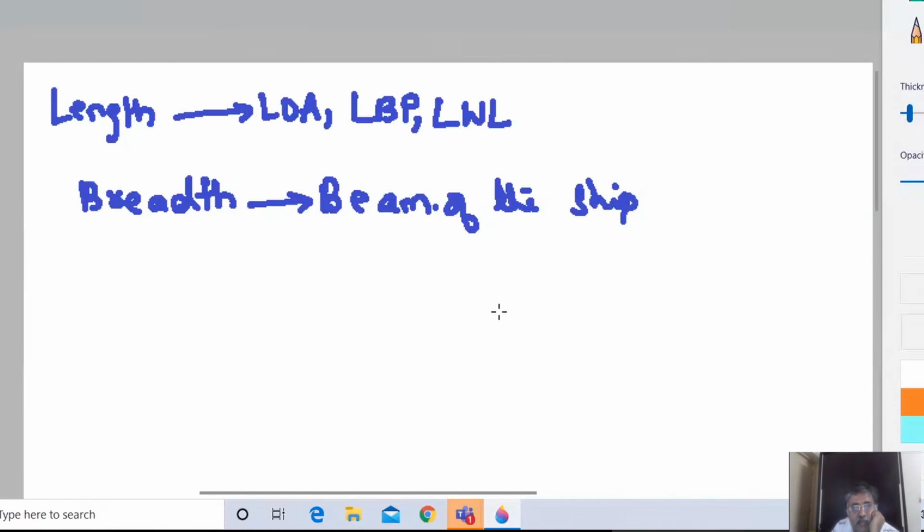You should know that any ship, mostly we are talking about larger ships, will have the maximum breadth at the center, at the midship. It is usually around this middle region that you will have the maximum breadth of the ship. That is known as the beam of the ship.